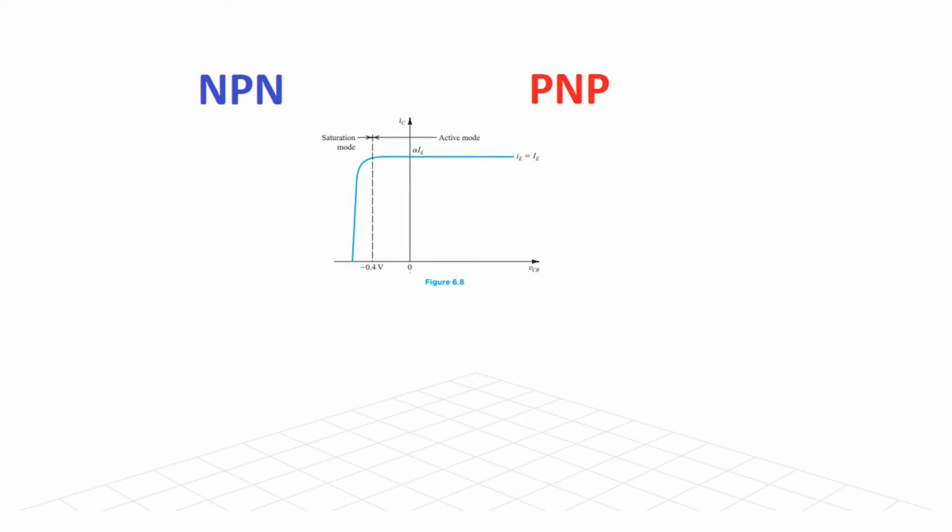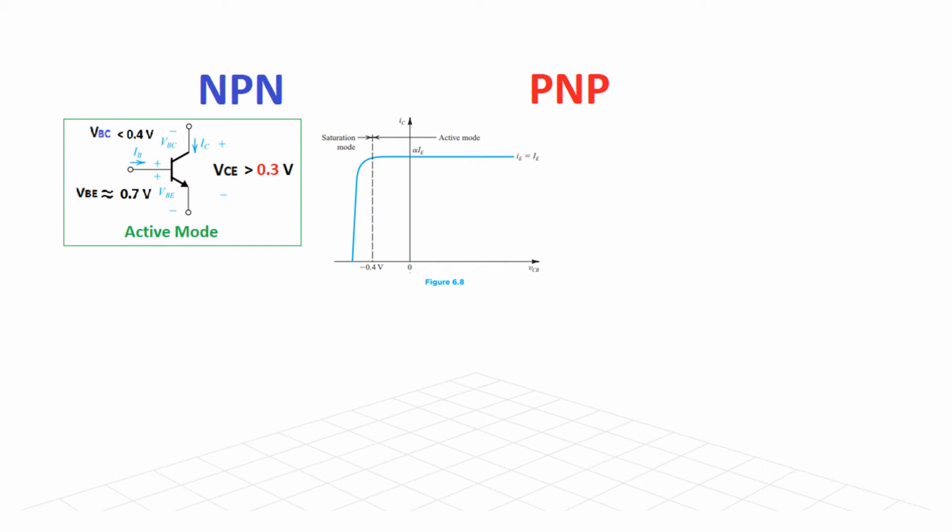Okay, comparison between NPN and PNP. Now here ultimately we'll come to the VCE. From this diagram you can see VBE, we know, is the base emitter voltage, always 0.7 generally. VBC or VCB, from here we are saying this is -0.4 or plus 0.4, also VBC less than 0.4.